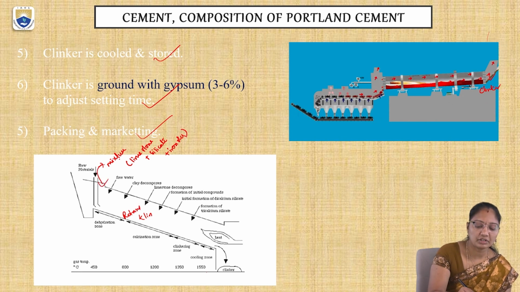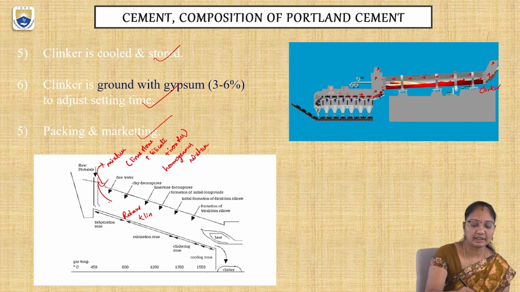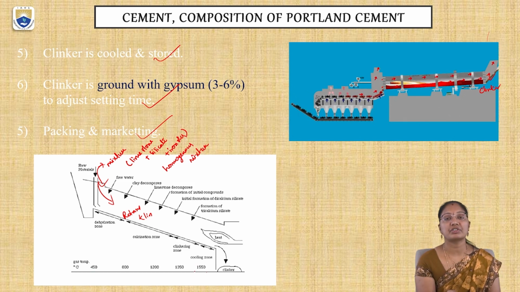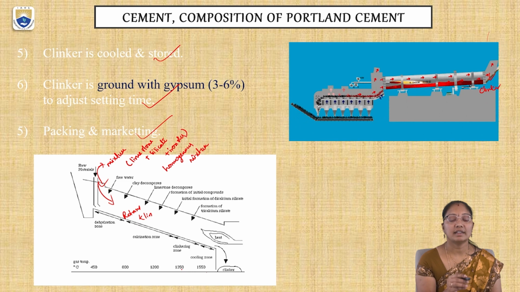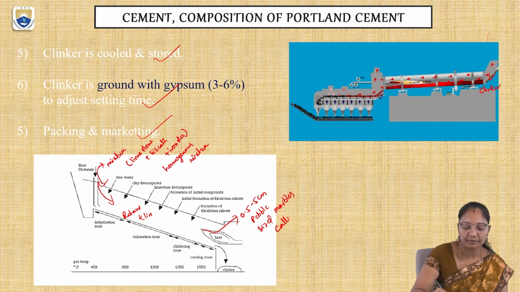This is mixed, and this is called a homogeneous mixture. This enters into the kiln, where it is gradually heated from 450 to around 1600 degrees centigrade. Then it results in the formation of 0.5 to 5 centimeter pebble sized marbles called clinkers.